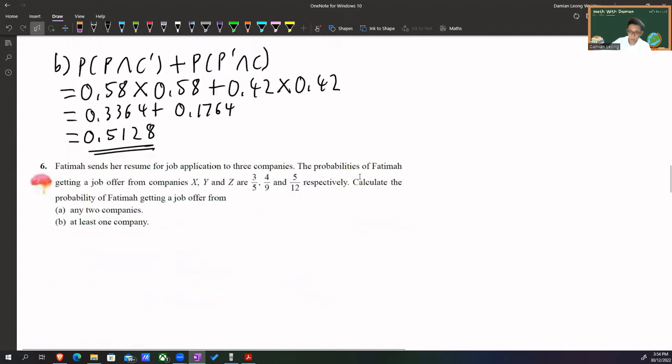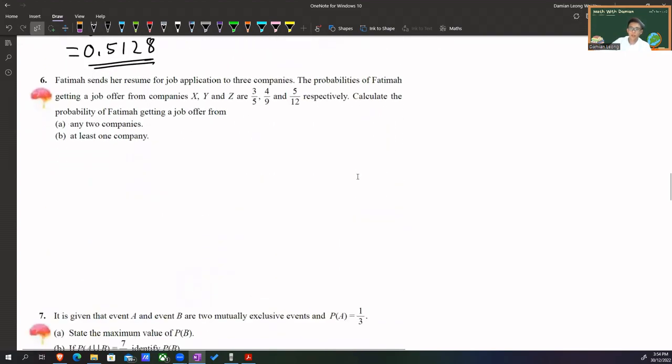And question 6, Fatima sends her resume for job application to 3 companies. Probabilities of Fatima getting a job offer from companies X, Y, and Z are 3 over 5, 4 over 9, and 5 over 12 respectively. So calculate the probability of Fatima getting a job offer from any 2 companies.